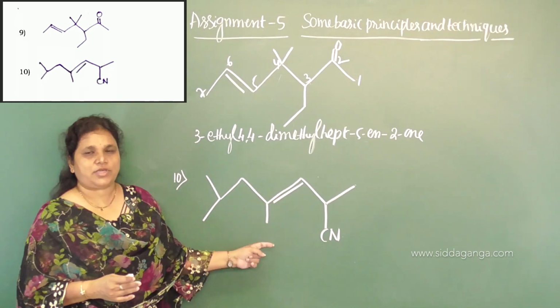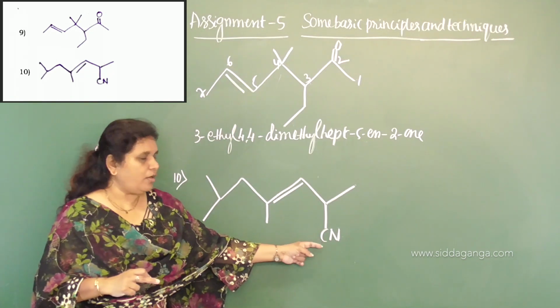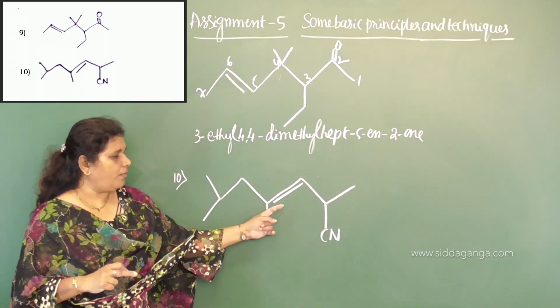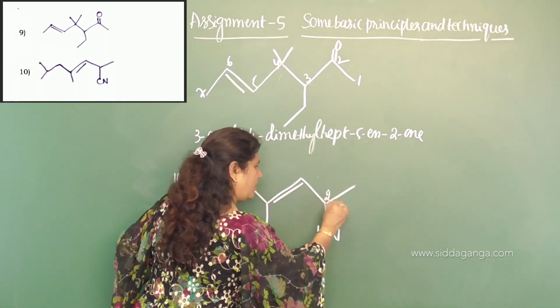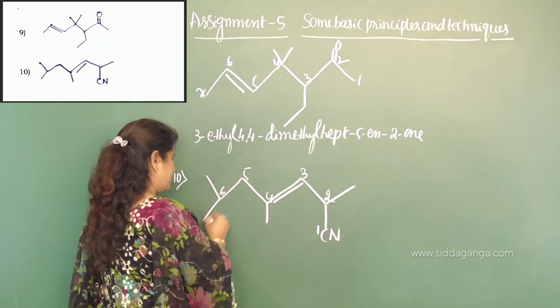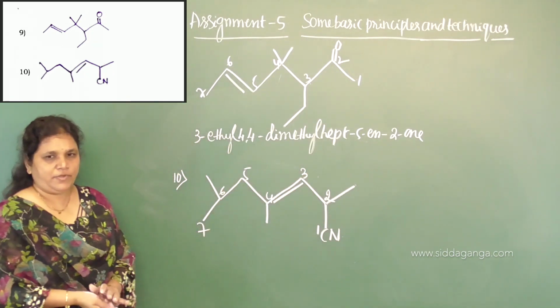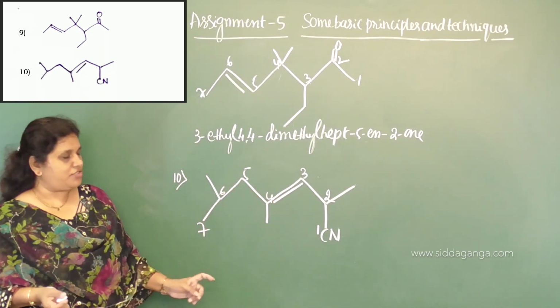Now, you select the chain containing the maximum number of carbons along with the cyanide group and the double bond. So, you can select this carbon chain 1, 2, 3, 4, 5, 6 and 7.